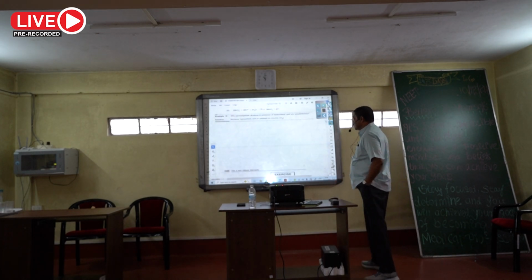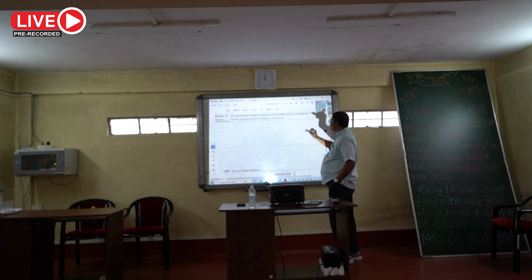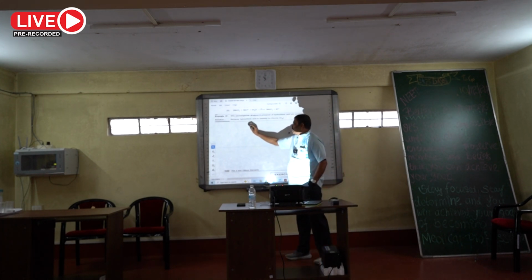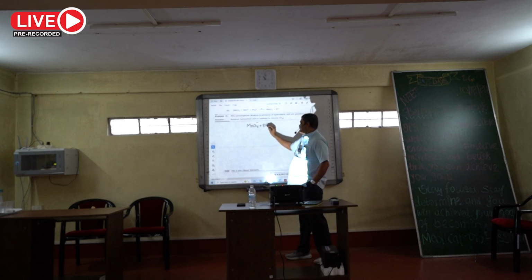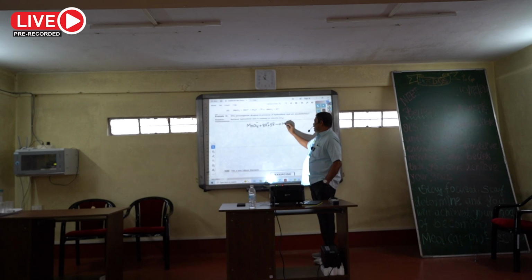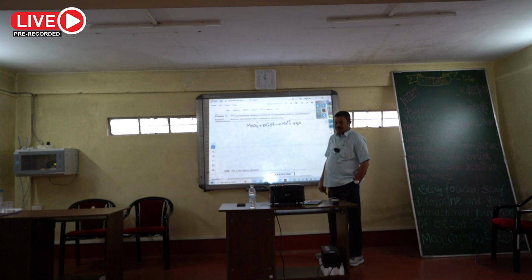In this gap, I use this space. So just now we wrote MnO4 minus plus 8H plus plus 5 electrons gives rise to Mn2 plus plus 4H2O. This we already wrote.